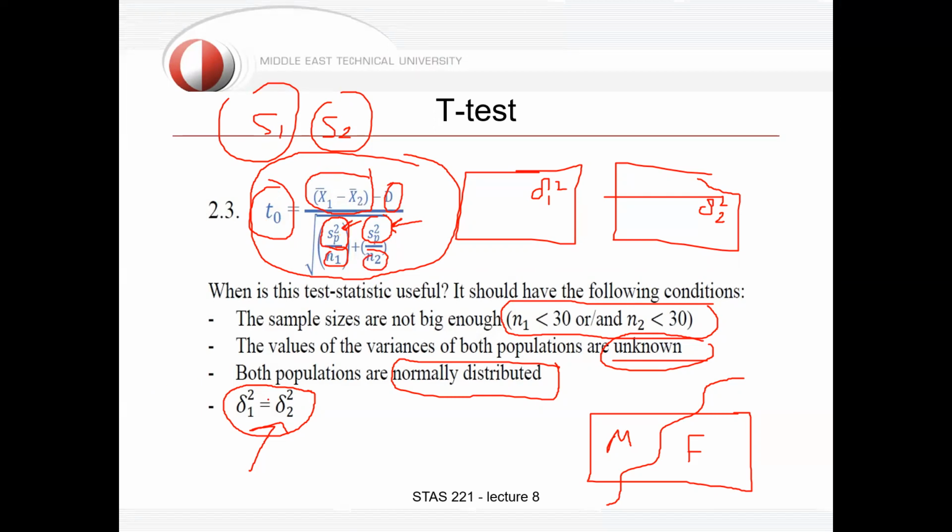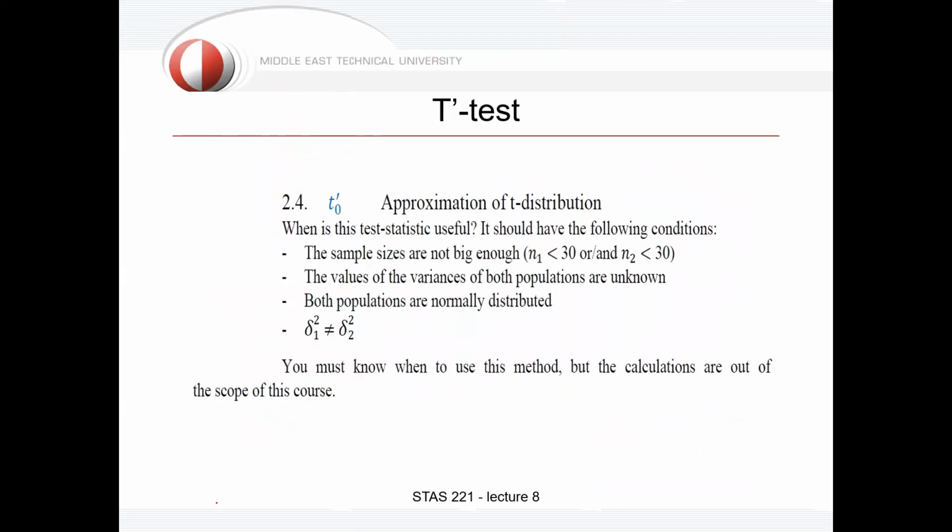But what if I don't know that these two variances are equal, or in fact, I consider them not to be equal? In this case, I should use the approximation of the t-distribution. For this one, I'm not going to ask in the exam for the complete solution.